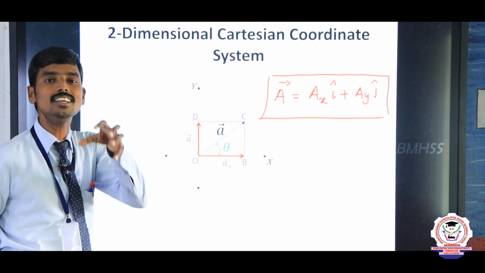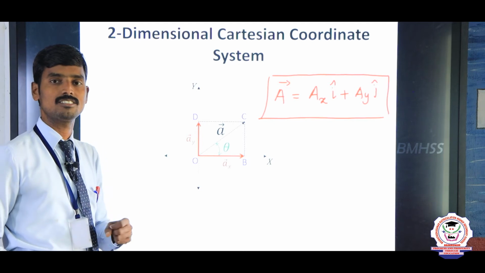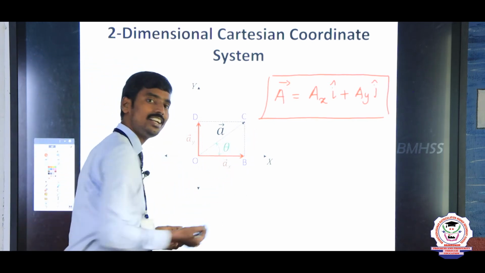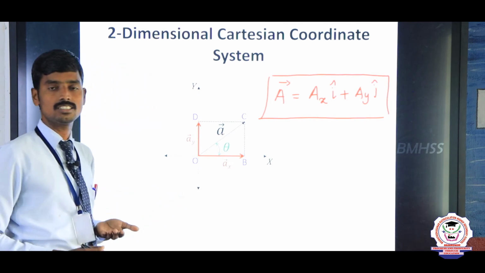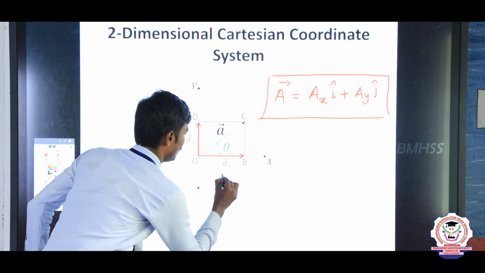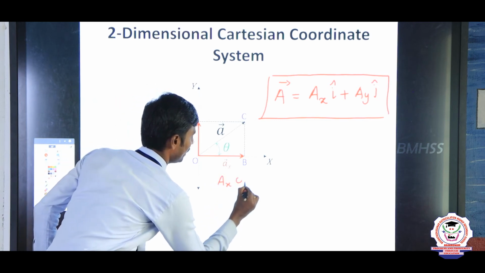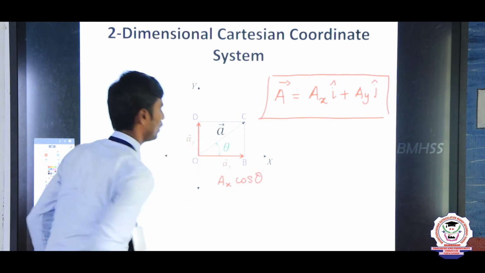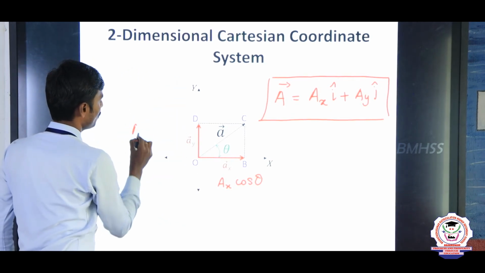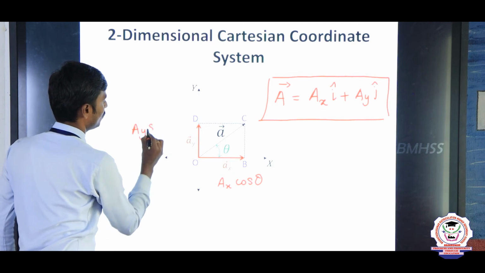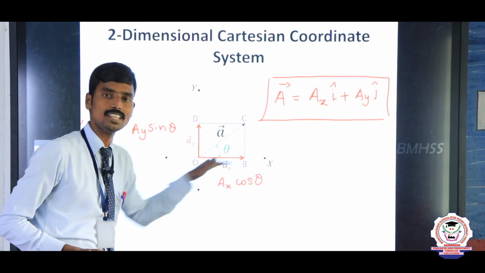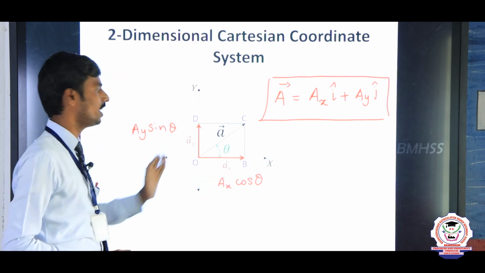Now to find the magnitude of the a vector. We take the horizontal direction, x direction: ax cos theta. Similarly, the y component is ay sin theta, because for the horizontal direction we take cos theta and for the vertical direction sin theta.